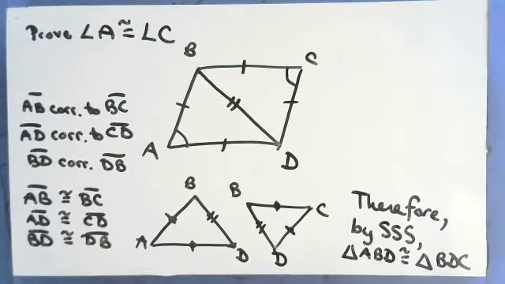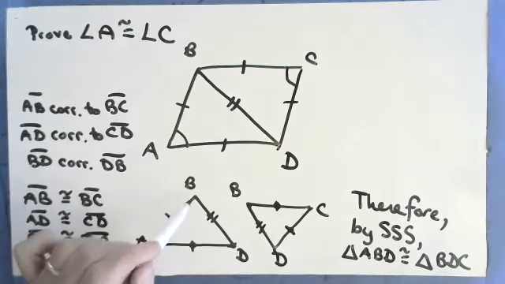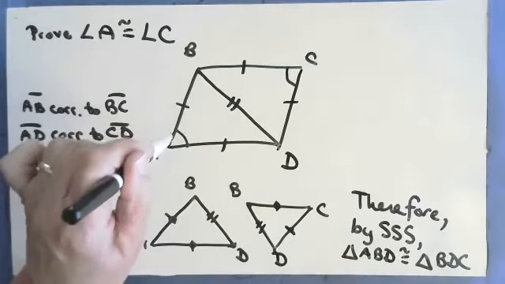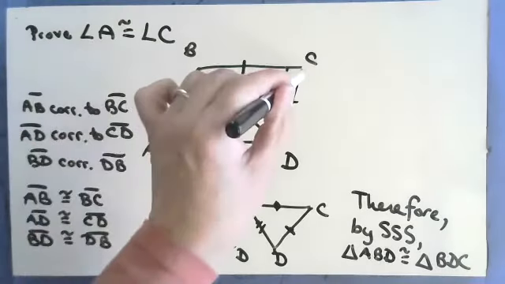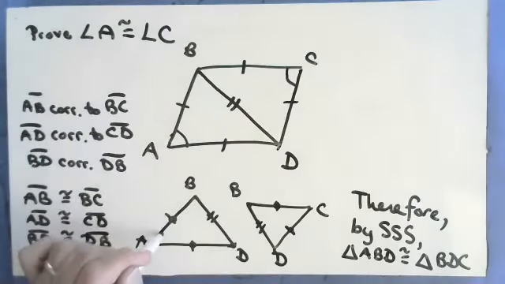And because they're triangles, and because they're congruent, that means the corresponding angles are all congruent. And so we were trying to see if this angle A is congruent to that angle C.